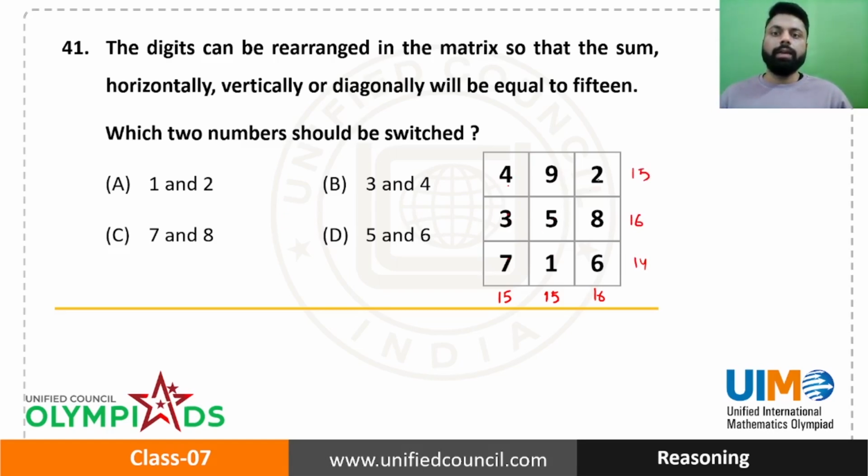Diagonally, 12, 14, and this diagonally 9, 15. That means these three numbers are correct. These two numbers, if we switch these two, but let's try to understand this.